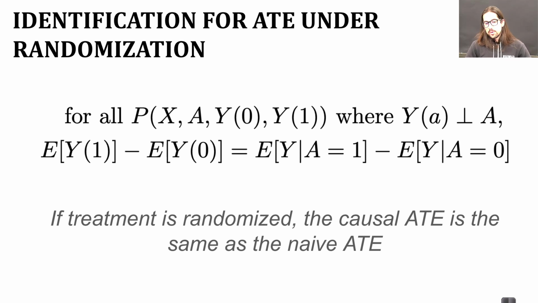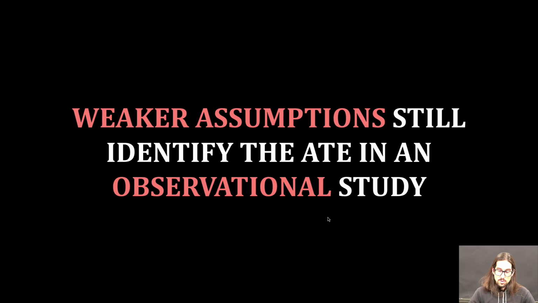The way that this would read is: for all causal data generating processes where the potential outcomes are independent from treatment, in other words, treatment is randomized, we have that the causal average treatment effect is equal to the naive average treatment effect, which is great, but doesn't really do enough for us because we don't really have randomized data in most cases. And so what can we say in those settings?